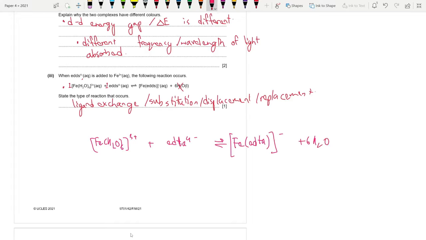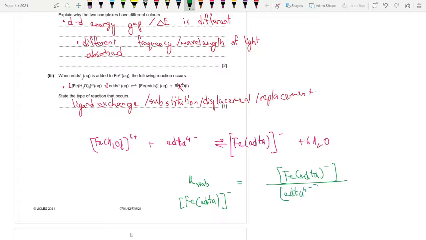Now if we write down the K step for FeEDTA, this is so annoying, it is going to be basically FeEDTA, you cannot get the minus outside here, divided by EDTA 4 minus into FeH2O6 3 plus.